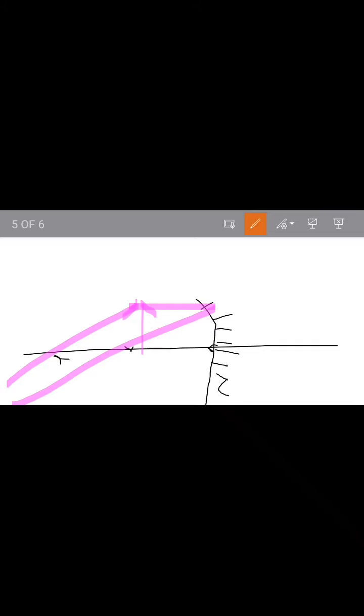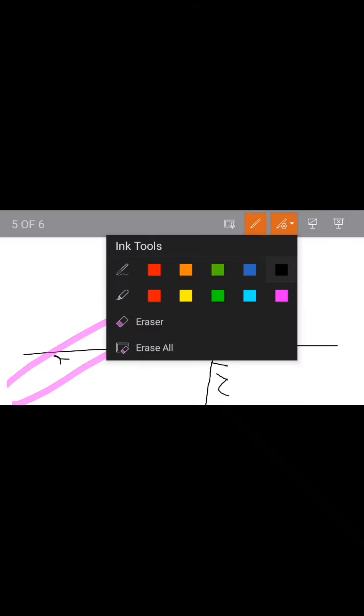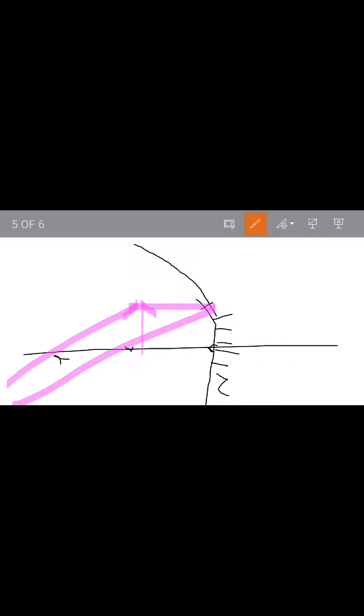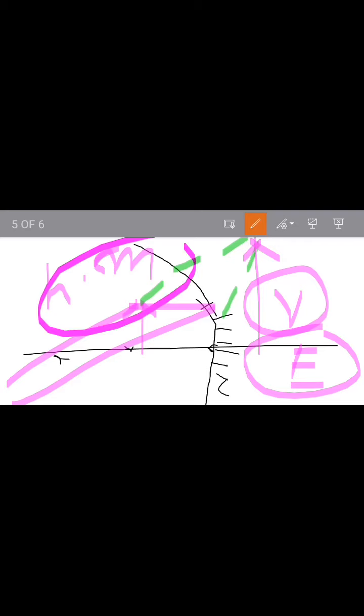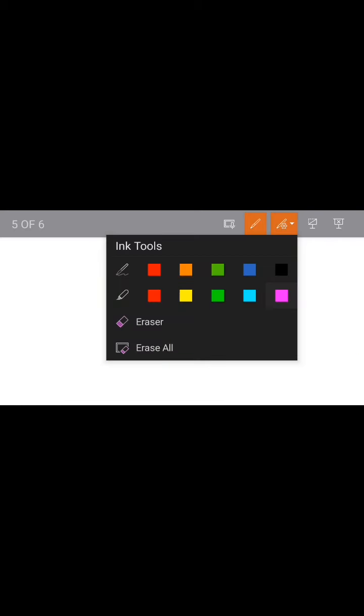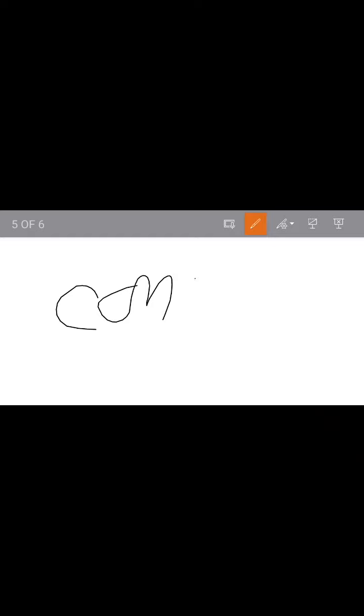Now you can easily see what I was trying to say. These two lines will meet behind the mirror somewhere here, and your image will be formed like this. This is virtual and erect image. This is highly magnified.